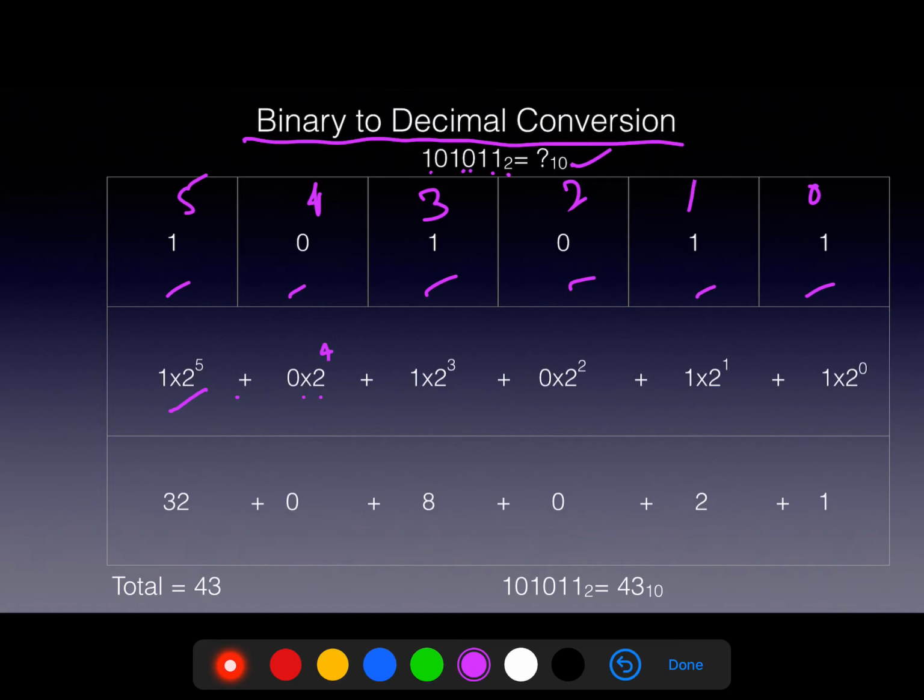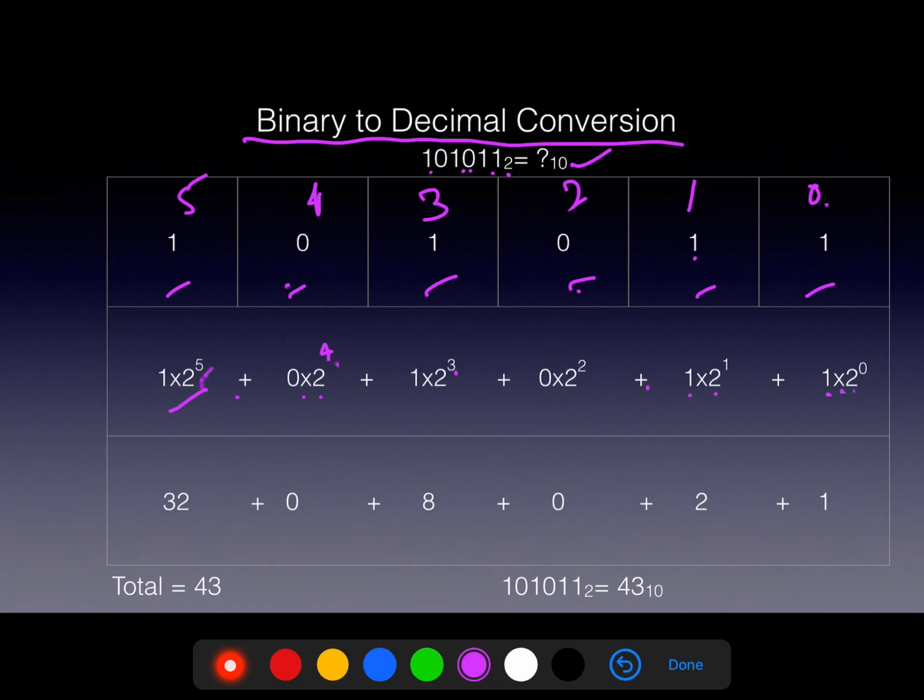Then 1 multiplied by 2 raised to the power 3, plus 0 multiplied by 2 raised to the power 2, plus 1 multiplied by 2 raised to the power 1, and finally 1 multiplied by 2 raised to the power 0. As you can see, I have multiplied each bit by 2 and put the powers as 0 1 2 3 4 and then 5.